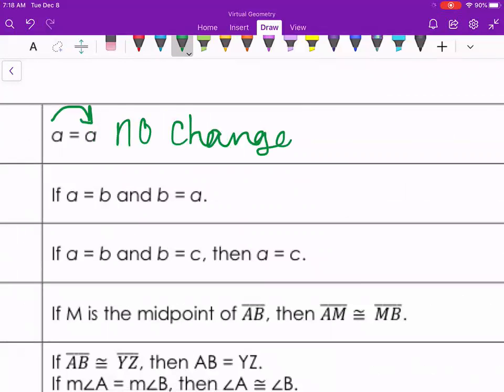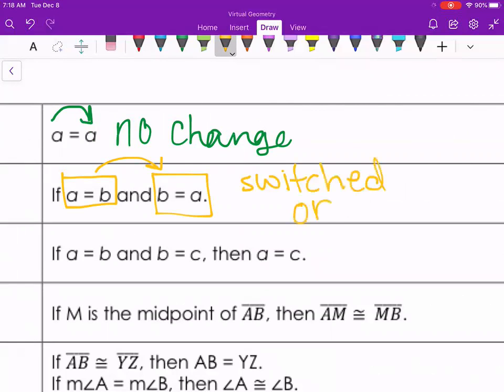The symmetric property said from one side to the other, the only thing that happened was they switched places or switched the order. If A equals B, then switch the order, B equals A.